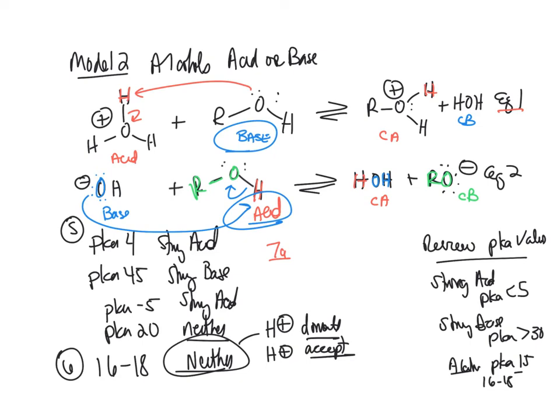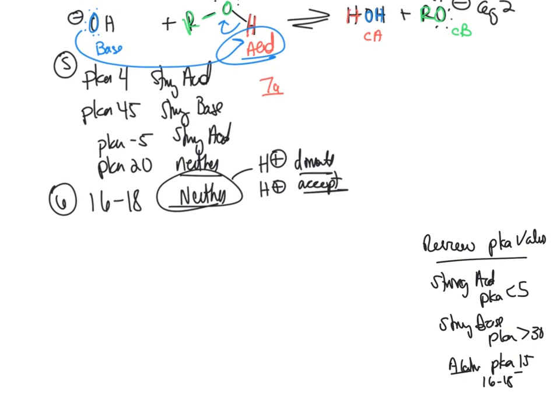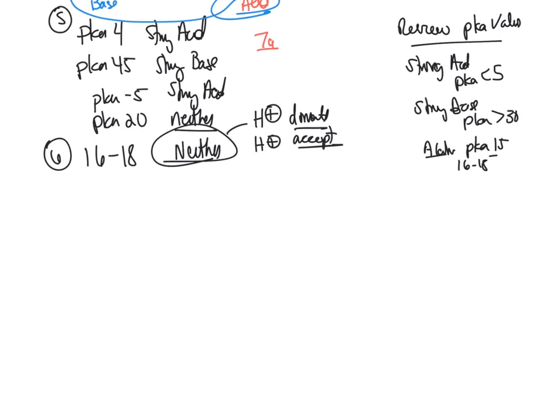Okay, number 9. Draw the products of the following reaction and identify each species as either an acid, base, conjugate acid, or conjugate base. Okay, so let's work number 9. And what is this a Lewis structure of? I like to put in my lone pairs.